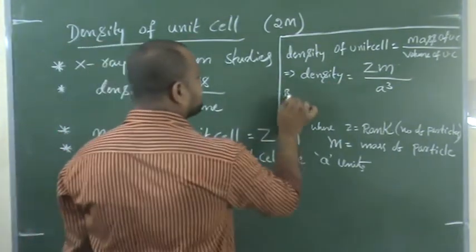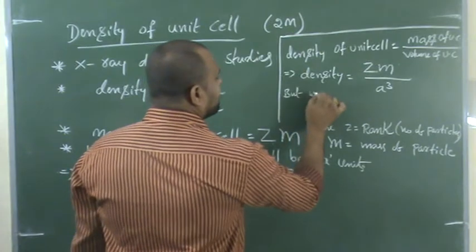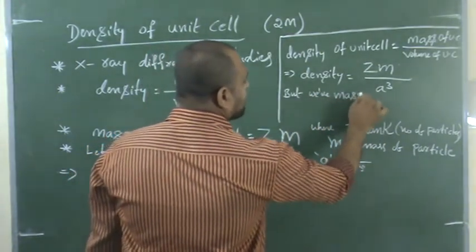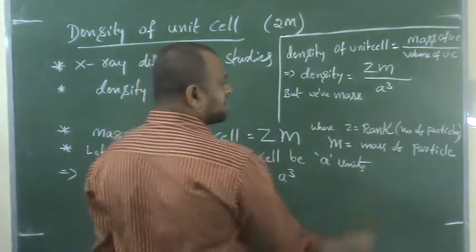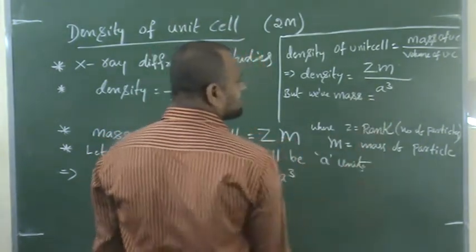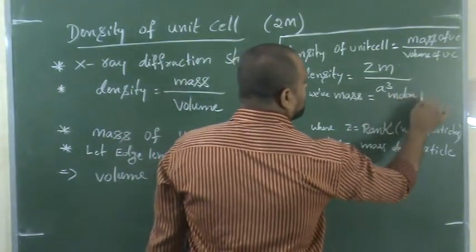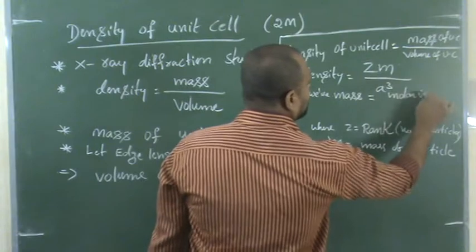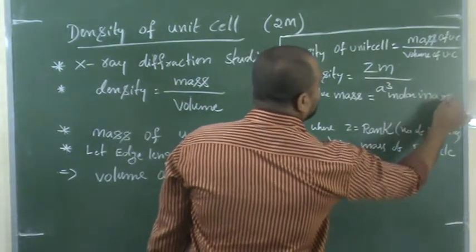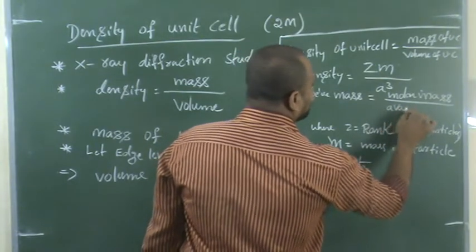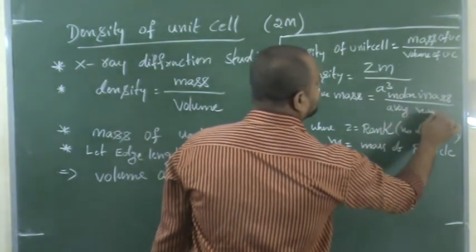But we have the mass of a particle equal to the molar mass divided by Avogadro's number.